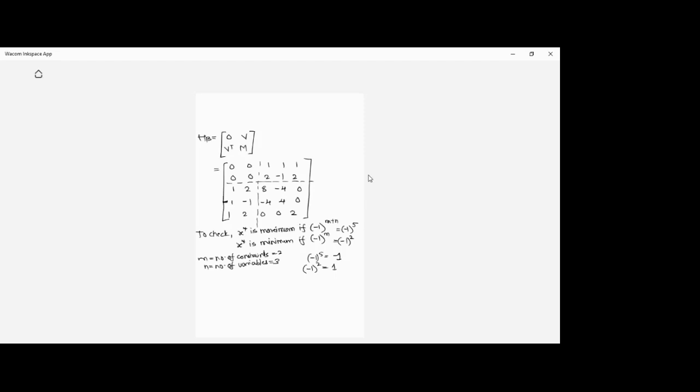Now the next thing we have to do is find out the determinant of the Hessian matrix, the upper matrix that we have got. According to this numerical, if the determinant is negative, then this is related with our first condition, which is of maximum.